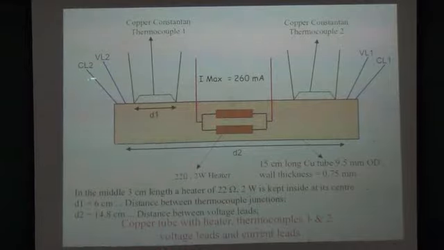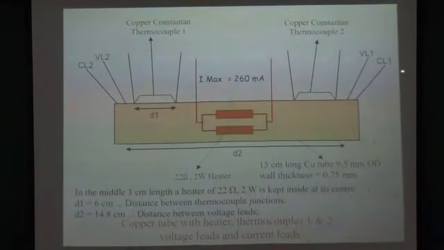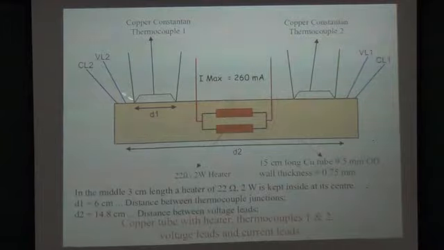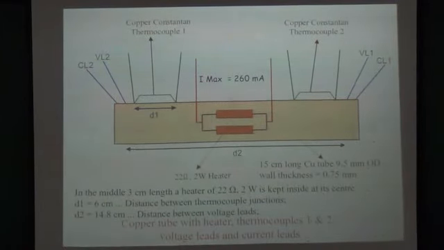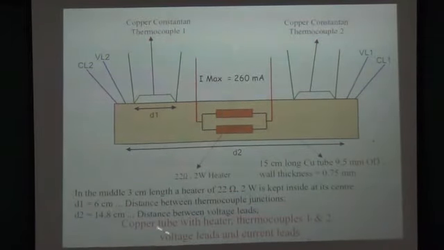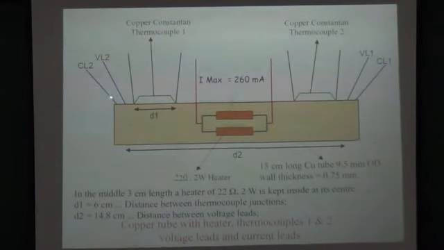Then we have basically two current leads. They are soldered at the two ends. We have a current lead here meant for current lead 1, and we have another current lead here. So these are the two current leads. We will connect them to a constant current source, and we will allow a current to pass through. And we again solder two voltage leads here.